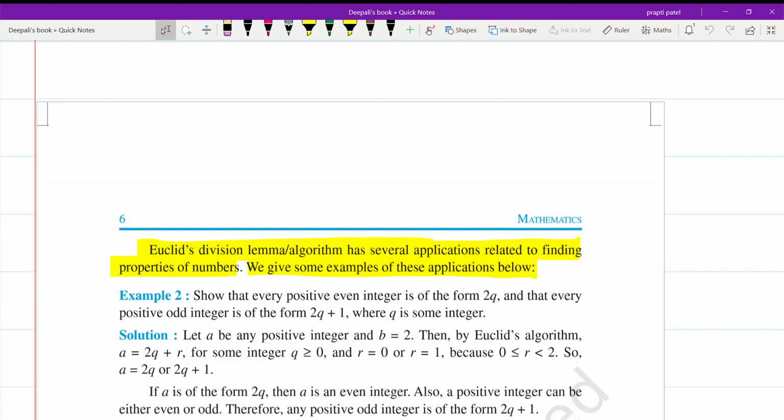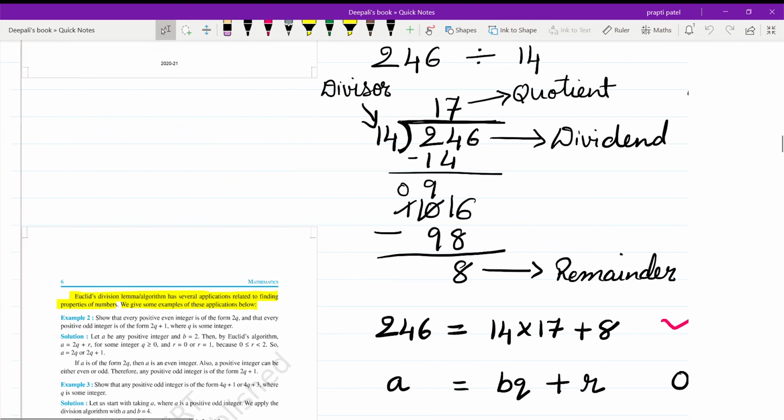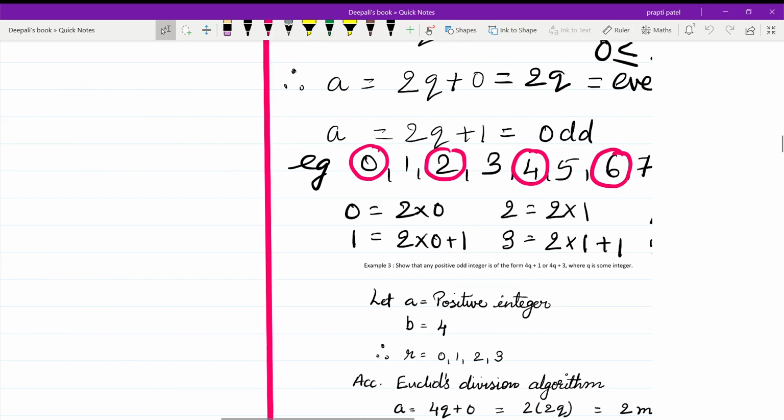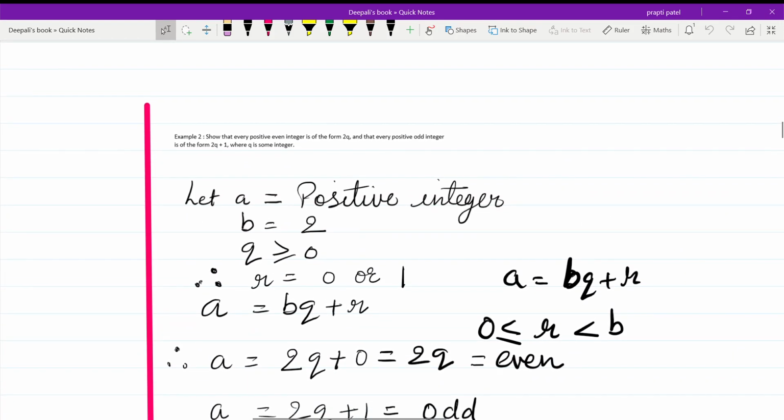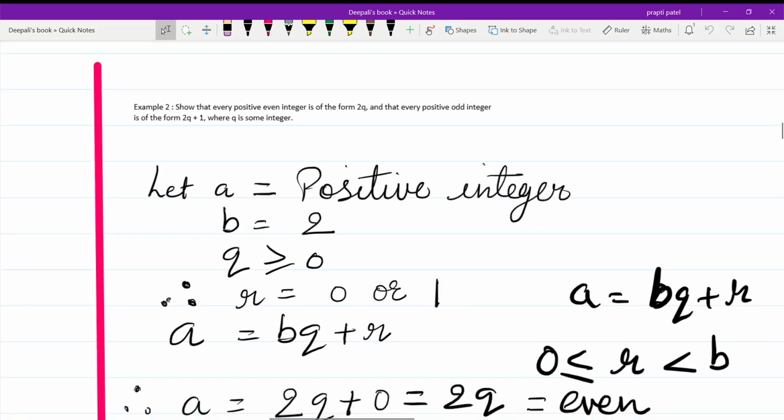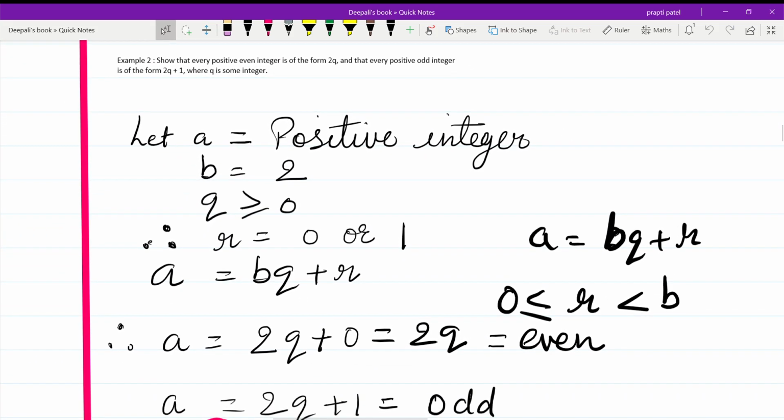Show that every positive even integer is of the form 2q and that every positive odd integer is of the form 2q plus 1 where q is some integer. Let us understand and prove this. Now let a be a positive integer and b is equal to 2.